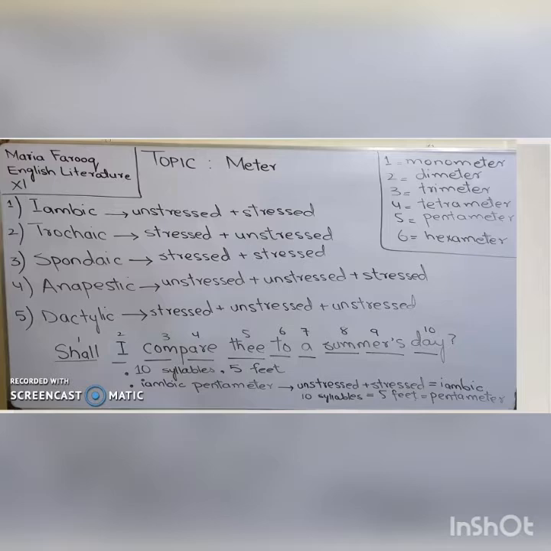Why? Because in iambic, the first one is unstressed and the second one is stressed. I have already told you about the syllables, that there are 10 syllables. Okay? So this is iambic meter. There are 10 syllables and in iambic meter, each foot has 2 syllables. So 10 syllables mean 5 feet, because 2 syllables make a foot.